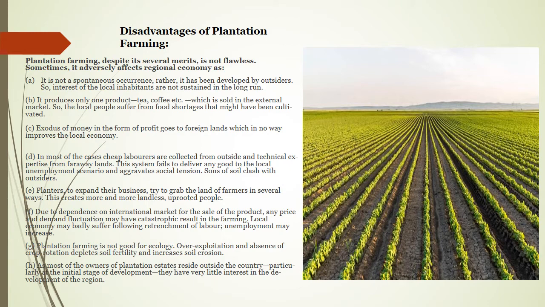Because of this, a lot of the production is exported, and in the local market, they suffer from shortage of food. Exodus of money in the form of profit goes to foreign lands, which in no way improves the local economy, as the production is created for the intention to fulfill foreign demands. Because of this, the local economy is not improving.